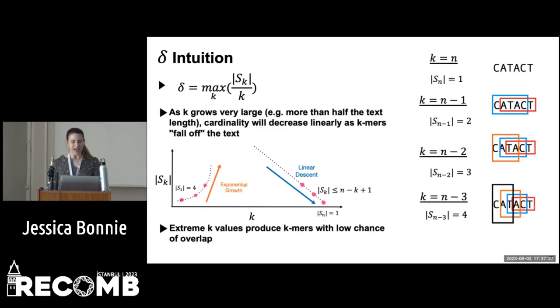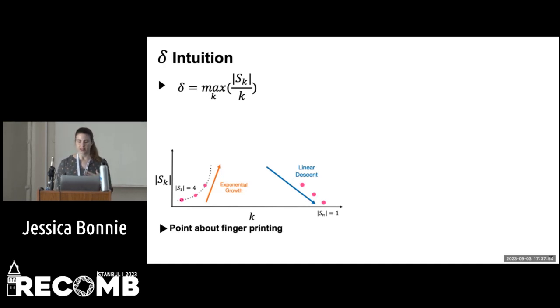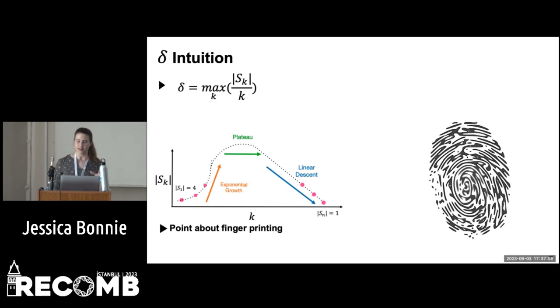Okay. Once k grows beyond the low values of k, there begins to be differentiation between sequences depending on what k-mers are present. So like a fingerprint, if there's no space between the whorls, the print is just a smudge. But if there's too much space between the whorls, there isn't enough information to match the print. But if there's the right amount of presence and absence, the print is distinctive.